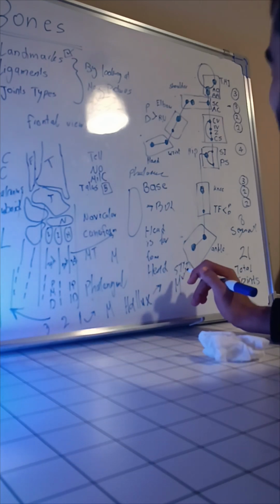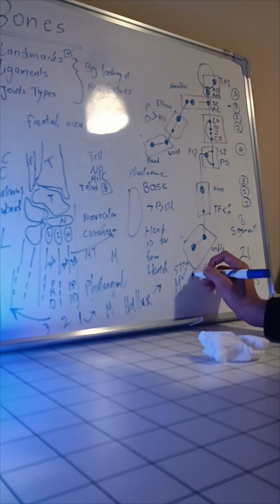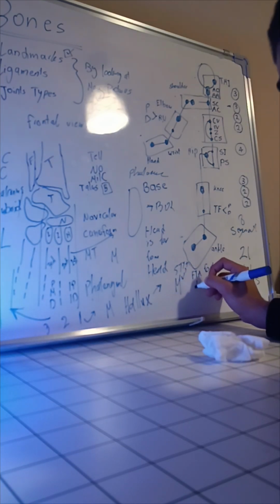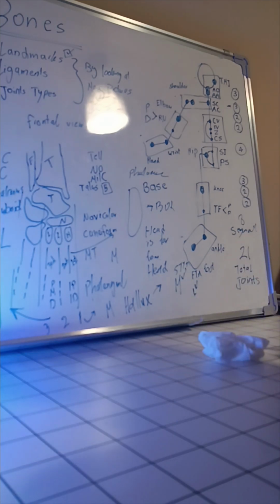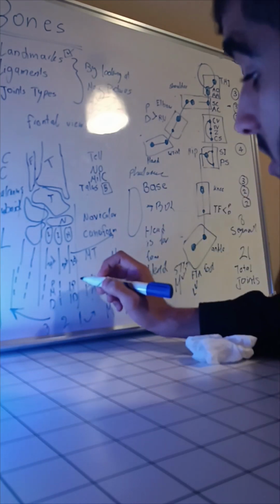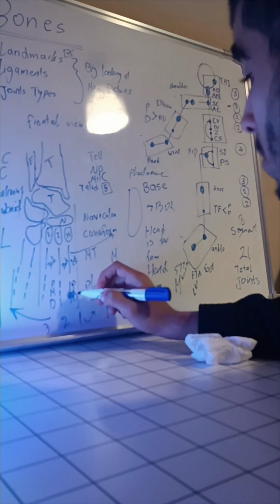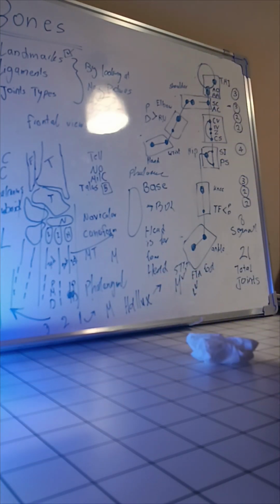The fibular trochlea with the L, it's lateral, all right? Also, we're going to have some processes everywhere. In the first digit, there are sesamoid bones.